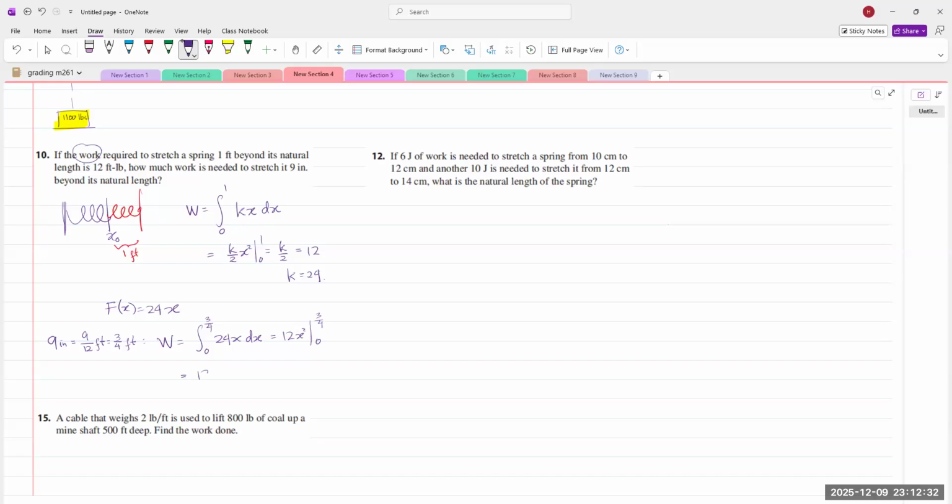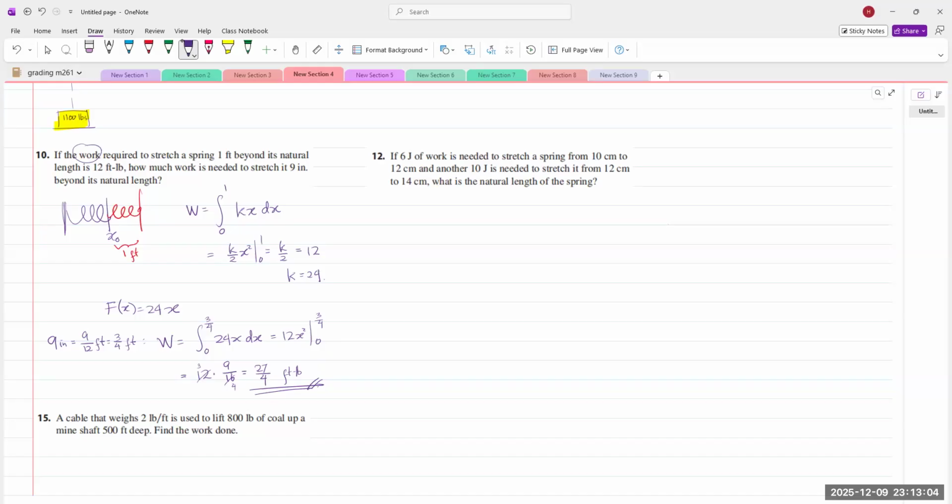The work will be 12 times 9 over 16. I think I can cancel by 4. That's 3, that's 27 over 4 foot-pounds. Okay, that's for number 10.